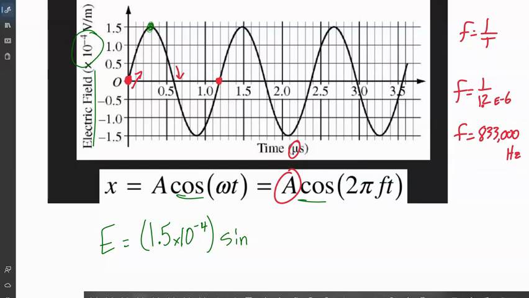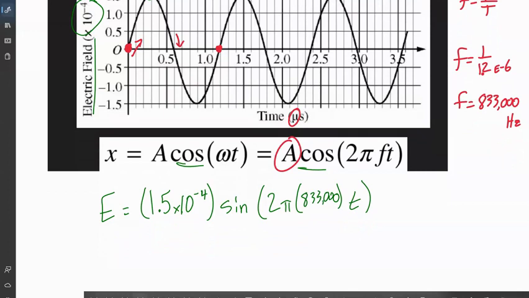So cosine starts at the top, sine starts at 0. So sine 2 pi frequency 833,000 times t.